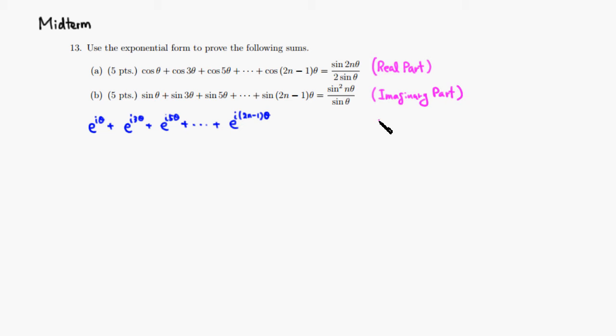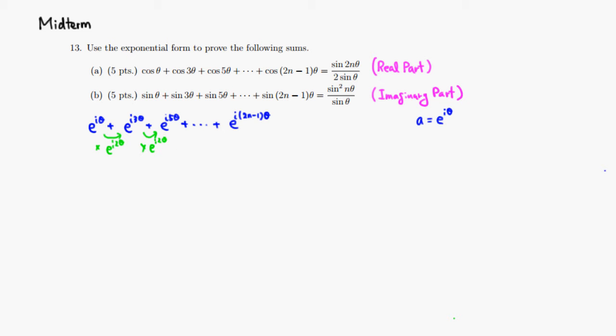For example, the leading term, A in this case, is the first one, so it's going to be e to the i theta, and every time you go to the next term, you multiply by e to the i 2 theta. So r is e to the i 2 theta.